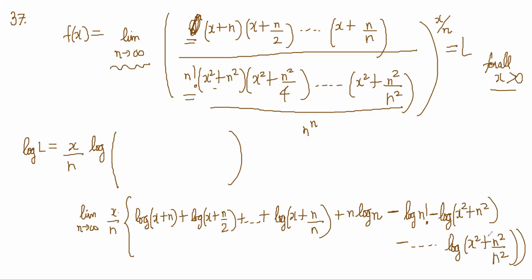Okay, fine. I'll do it on the next page. f(x) is equal to the limit n tends to infinity of n power n, and I will take n outside each of the top factors.